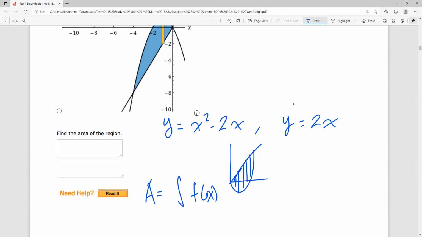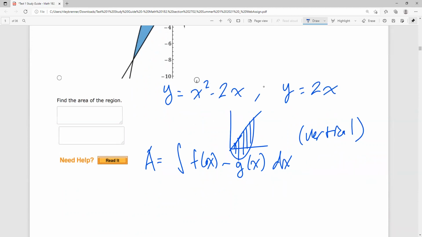So in order to find this area of the region, it's the top function minus the bottom function, right? Very straightforward. The integral of the top minus the bottom with respect to x. This is, again, vertical. So if we go ahead and do this, we can see that the top function is the straight line. So our top function is 2x. And our bottom function is x squared minus 2x.